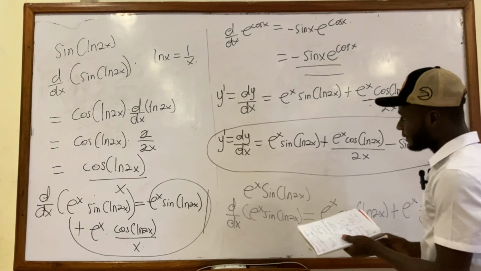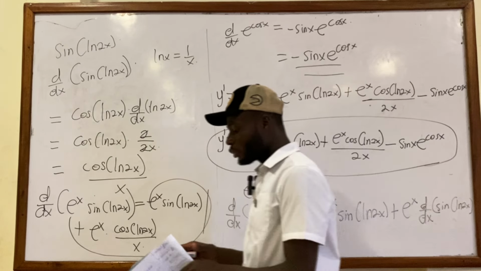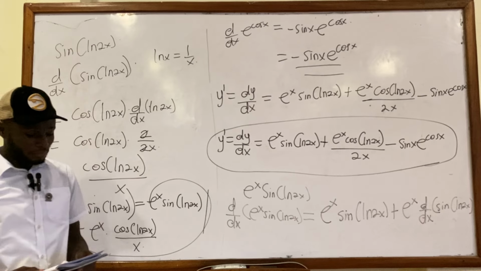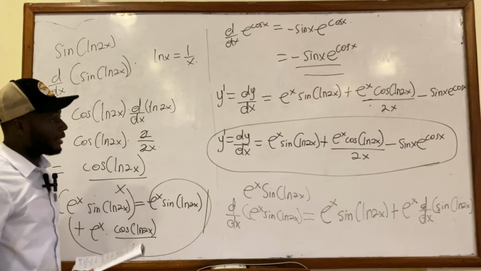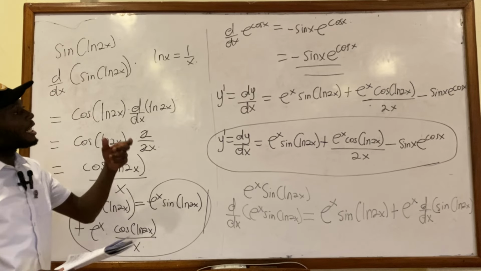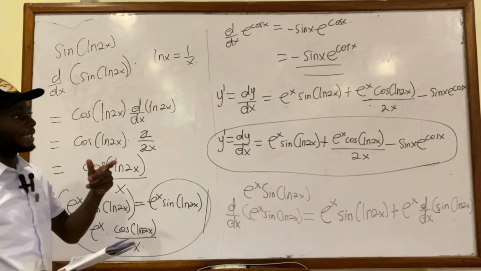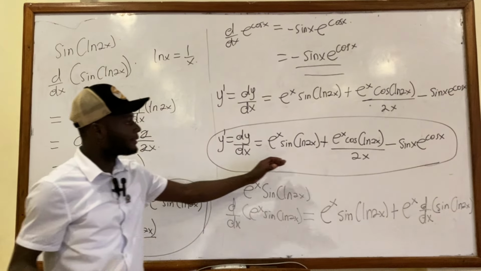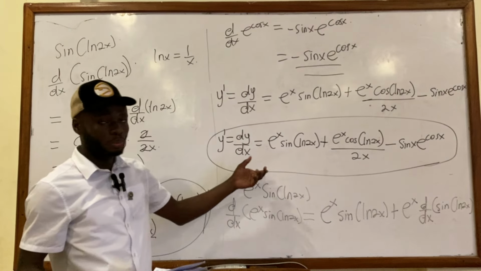So this is the derivative: e^x sin x · ln 2x + e^(cos x). This is the first derivative of that.